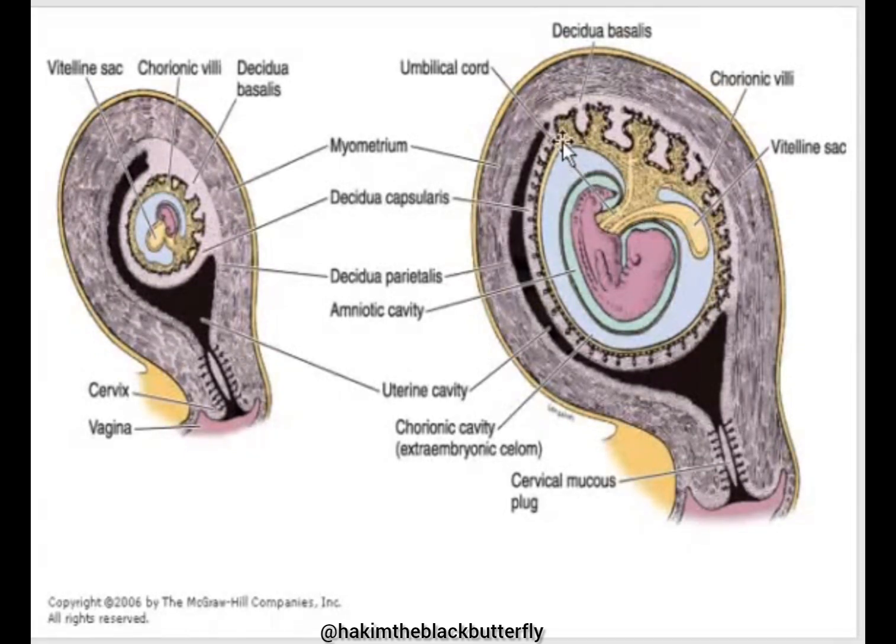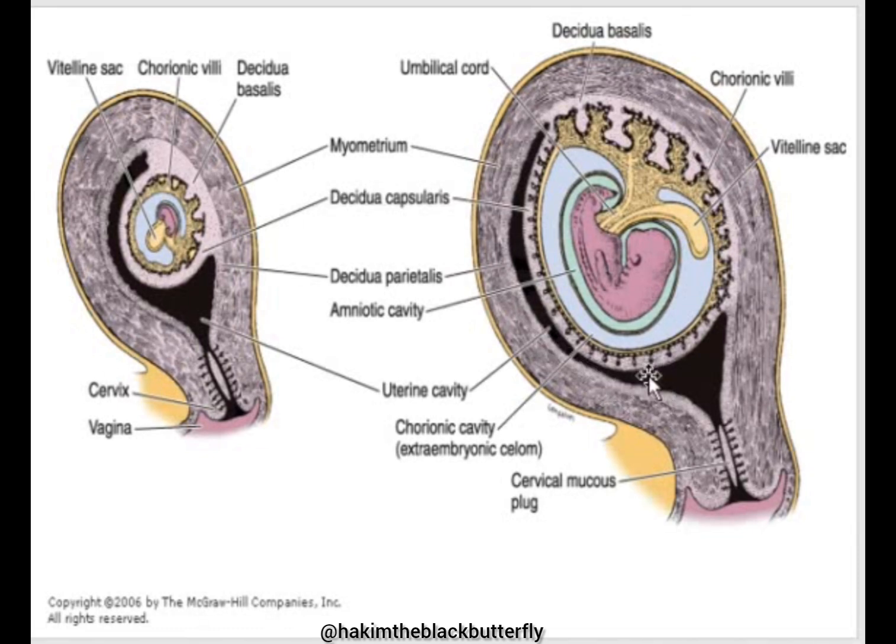It is surrounded by the chorionic membrane, which is made up of the chorion laeve and the chorion frondosum. Lining the chorionic membrane is the decidua capsularis. This decidua capsularis is continuous with the decidua parietalis.